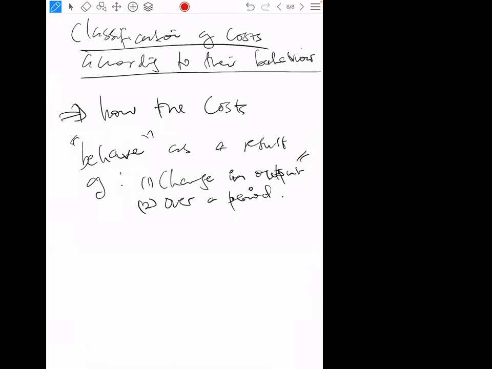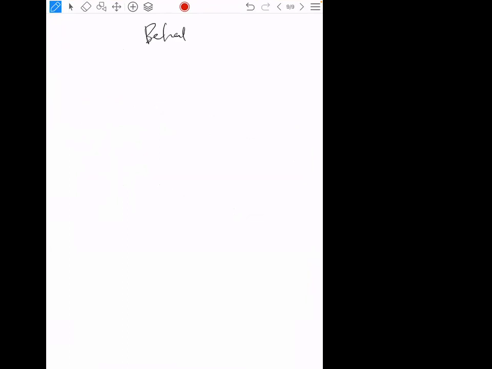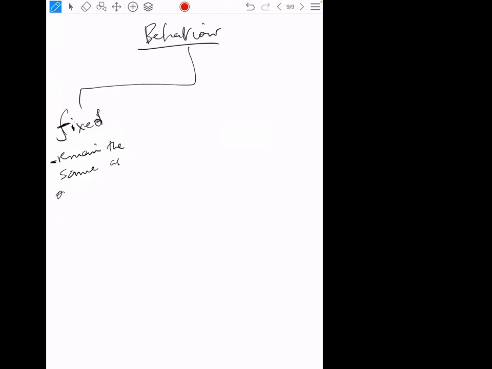So the main point in the classification according to behavior is that some costs will be fixed, meaning that they remain the same as output changes, or over a passage of time, they still remain the same.